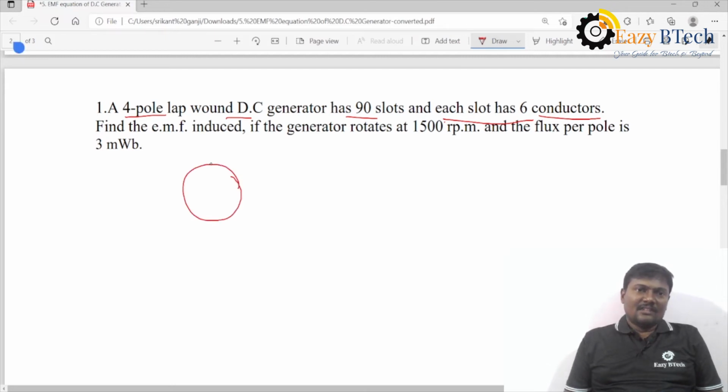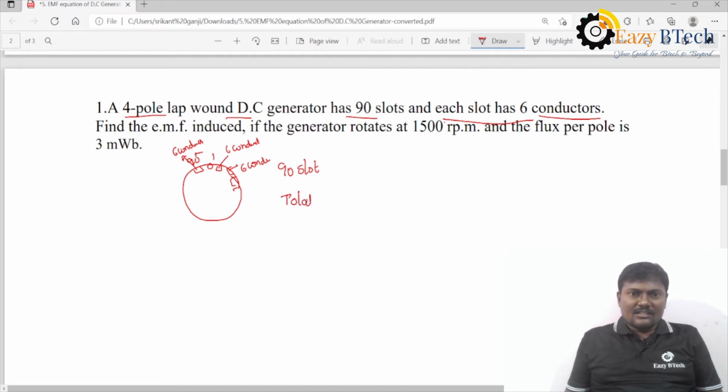If you take a DC generator armature and the slots are like this, the total number of slots is 90. In each slot there are 6 conductors: in one slot 6 conductors, in the second slot 6 conductors, and in the 90th slot also 6 conductors.